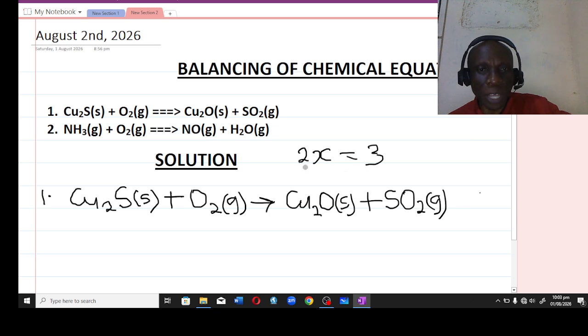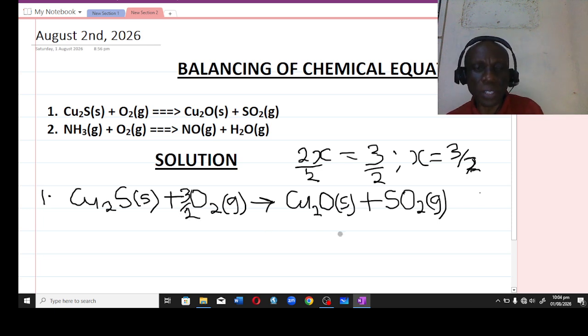So if I divide both sides by that 2, I end up saying that x equals 3 over 2. That means if I have 2 oxygen atoms, if I multiply 2 by 3 all over 2, it's going to give me 3. So I can come in here and insert 3 over 2.